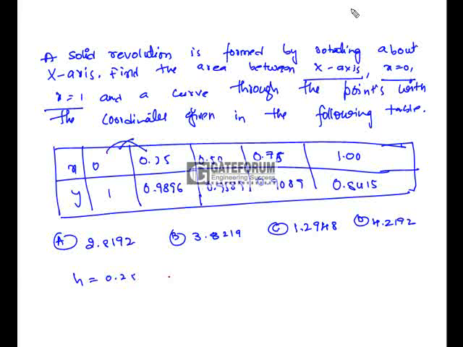So h is 0.25. And y naught is 1. X naught is nothing but 0. Similarly, this is y naught, y1, y2, y3 and y4.